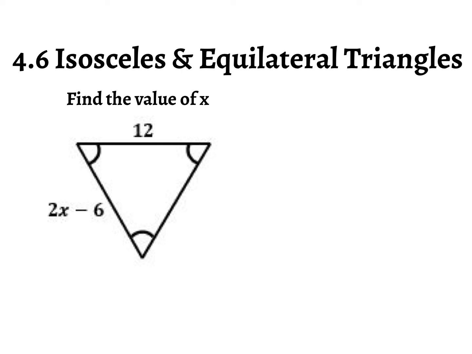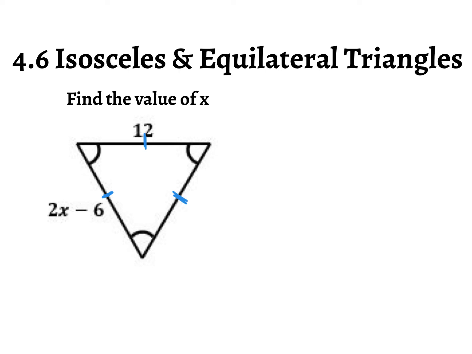Let's try this other one. I can tell this one is an equilateral triangle because all three angles are the same. That means that all three sides are the same. So, since I'm given these two sides, I know that those two sides are going to be congruent to each other. Technically, all three are congruent to each other, but we only have two measurements, and that's what we're going to solve for.